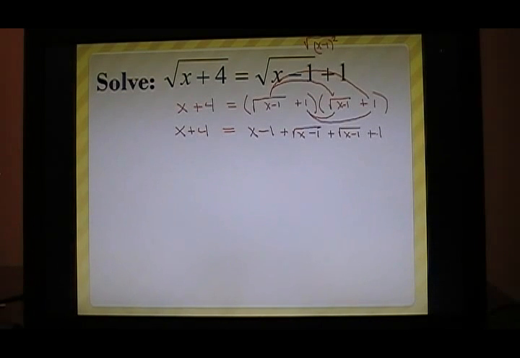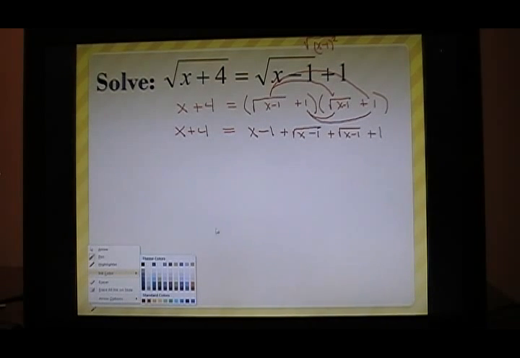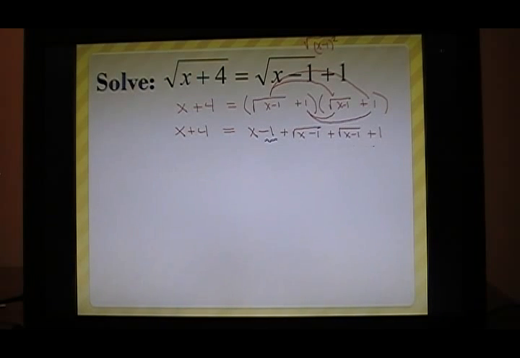Okay, on the right hand side I have like terms that I can combine. Negative 1 plus 1, and when you're working with radicals, remember, if they have exactly the same radical part, you can add them together.